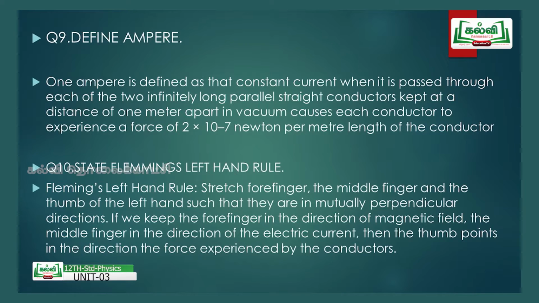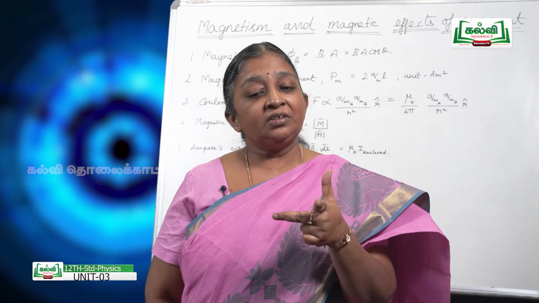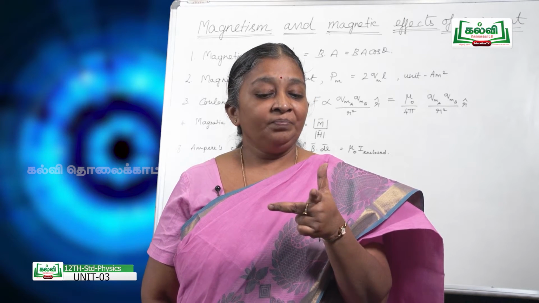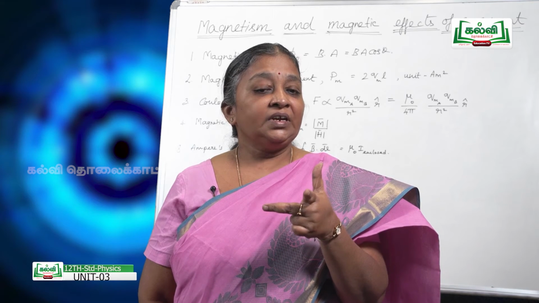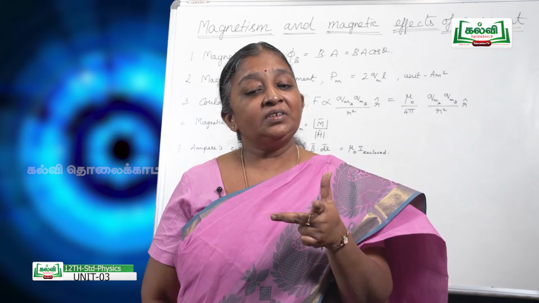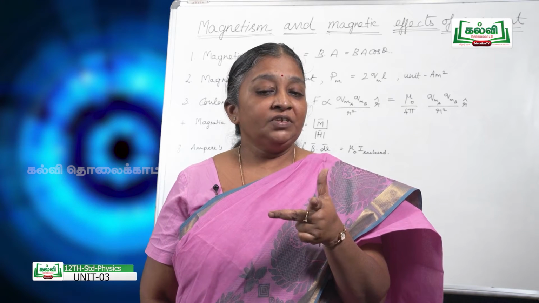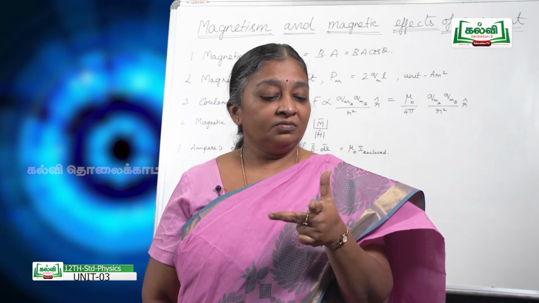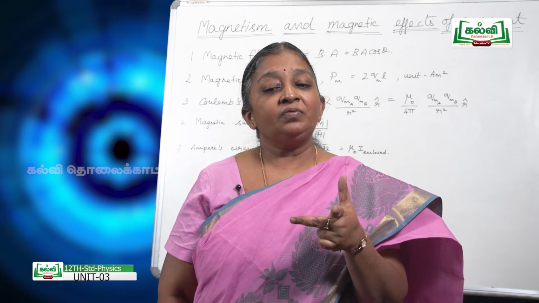If these are the 2 directions of magnetic field and current, then the thumb will point in the direction of the force. All 3 fingers are mutually perpendicular to each other. The forefinger points in the direction of magnetic field and the middle finger points in the direction of current. If these 2 are like this, then our thumb will be in the direction of force.